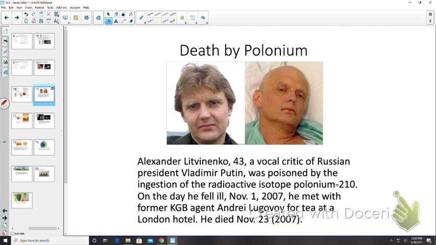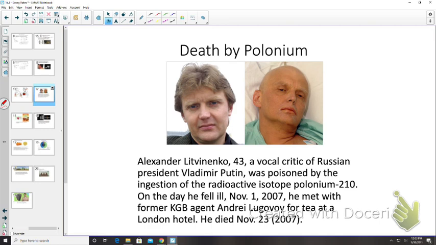Okay, so this is an interesting story. This is back in 2007. Alexander Litvinenko, he was a vocal critic of Putin. He met with a former KGB agent for a cup of tea.